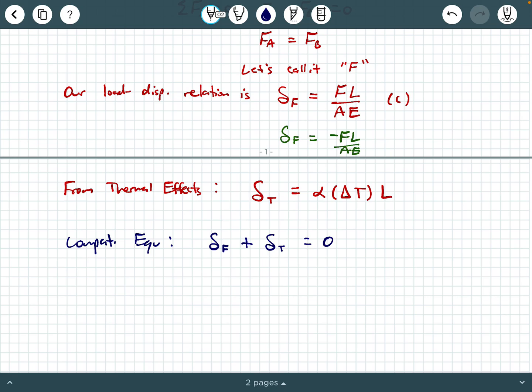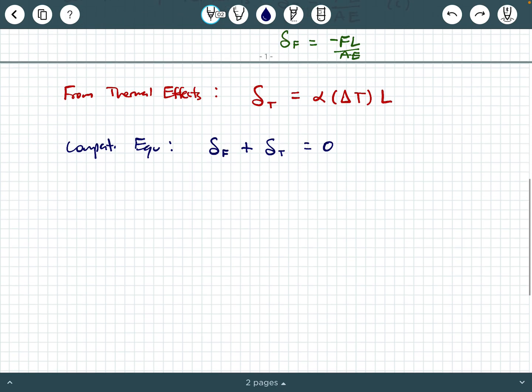So now I can use those two equations and substitute them into my compatibility equation. So delta F is going to be negative FL over AE, plus alpha delta T L, all equals 0.